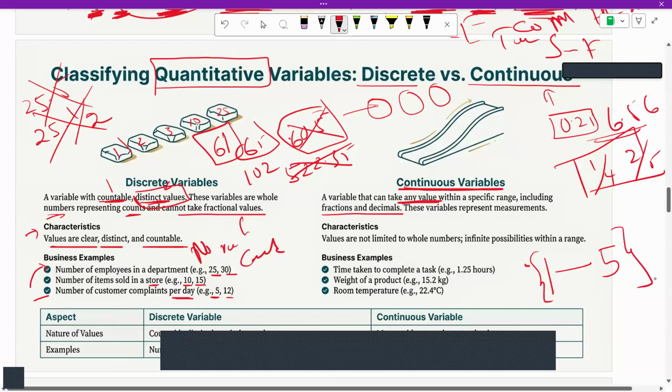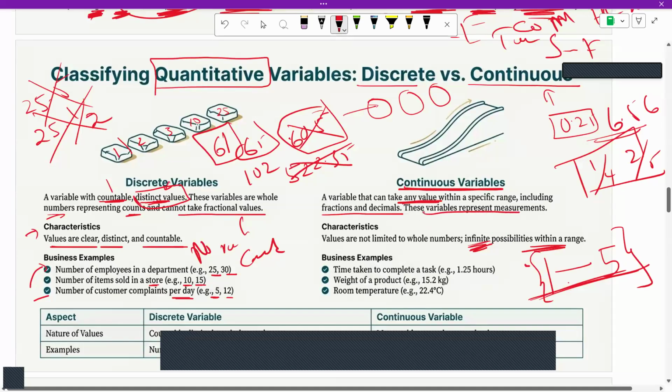What are the values we can take? 1, 2, 3, 4, 5. Right? These are the full numbers. And we have infinite numbers between them: 3.5, 2.67, 2.666667, 3.999991. So we have infinite possibilities within the range.